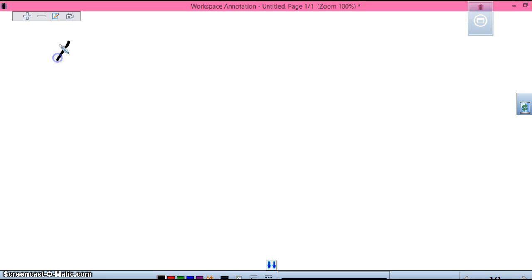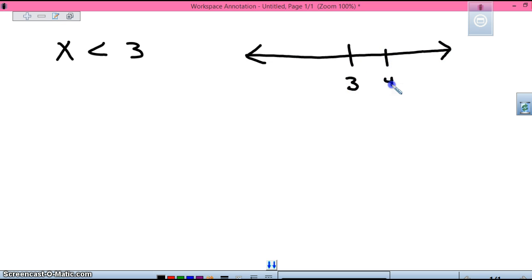So let's say we have x is less than 3. That means that x can be any number that is less than 3. Now we could graph this with an open circle and an arrow pointing to the left.